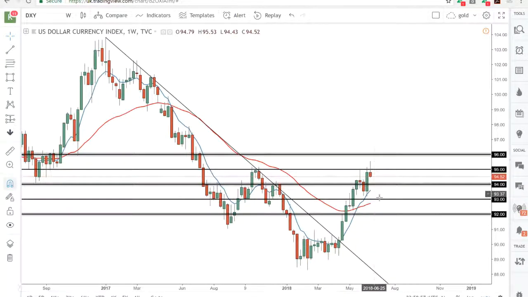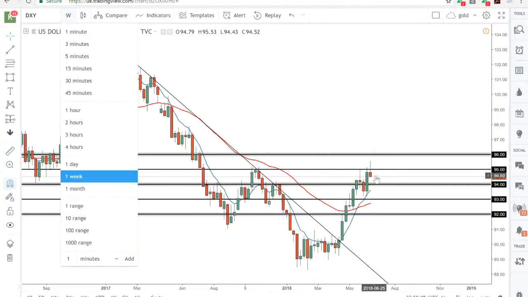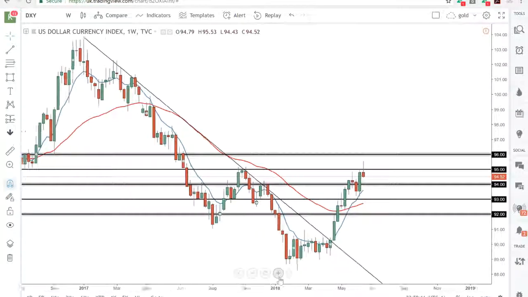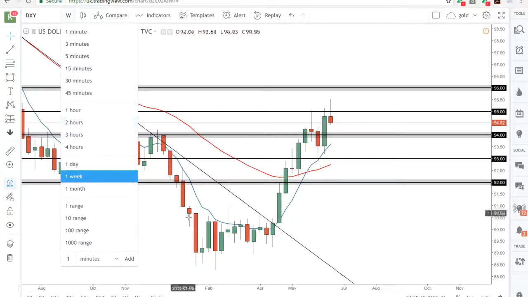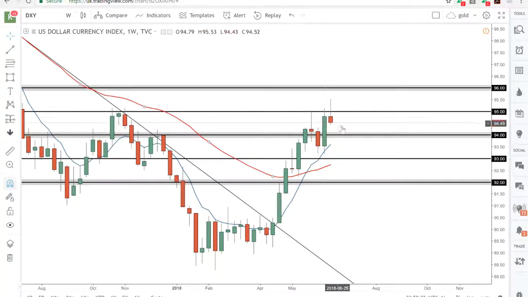We'll have to see how price responds to first this major support and then the moving averages. But this candlestick here, this last week's close, could prove to be quite significant if the dollar moves bearish from here.